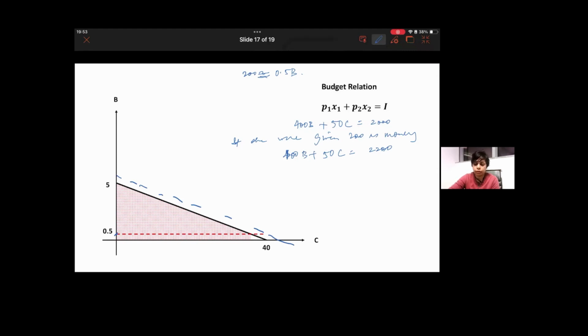She has to use that voucher, otherwise it will go waste. It's prize money. Of course, we are assuming all goods are continuously divisible. We're not taking it as a step function. I've assumed it as a continuous line, so 2.5, 2.6 books, everything is allowed. But we're taking a weekly budget.